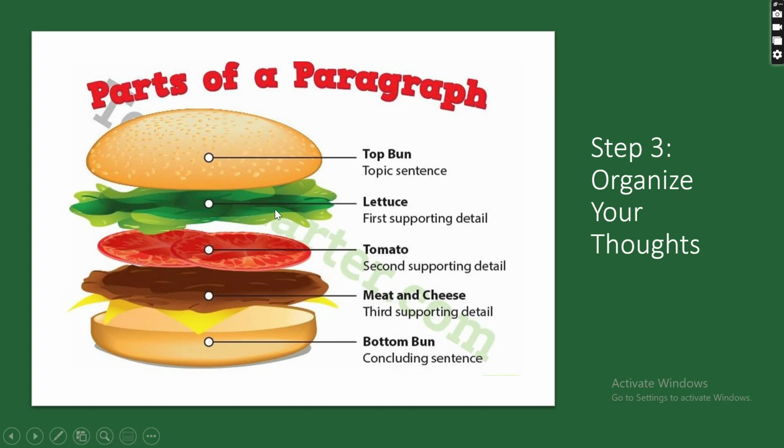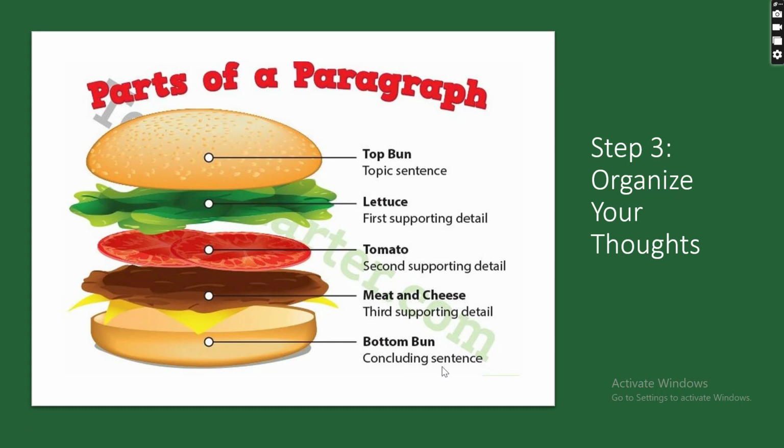Then the lettuce, we can just imagine that the lettuce is the first supporting detail. Tomato can be called the second supporting detail. Meat and cheese can be called the third supporting detail, and the bottom bun means concluding sentence.